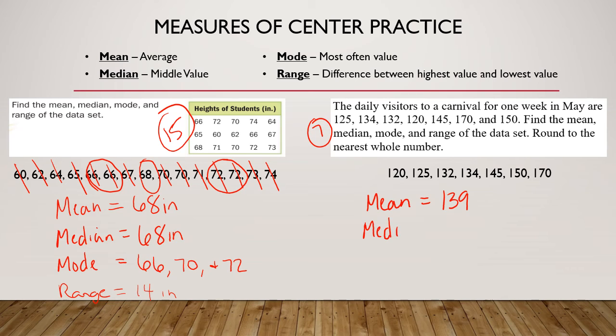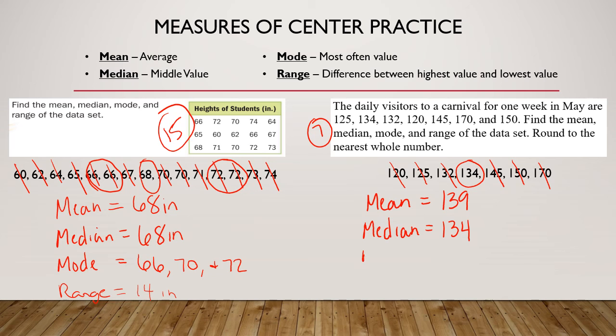Next one I'm going to find is the median, which remember is the middle number. So I'm using my in order least to greatest in order to find this. So I cross one off on the left, one on the right. I continue. Looks like 134 is going to be my median.